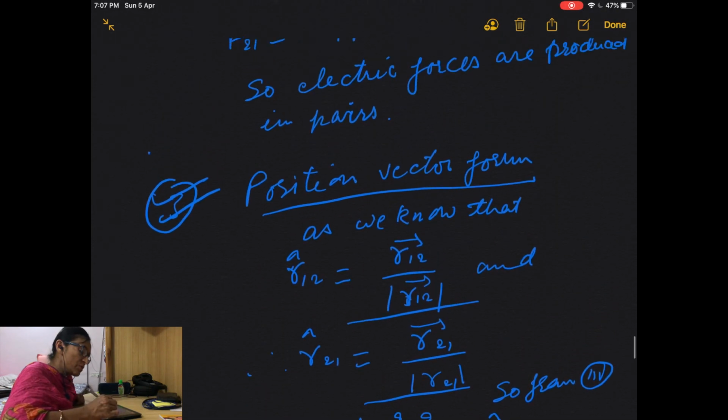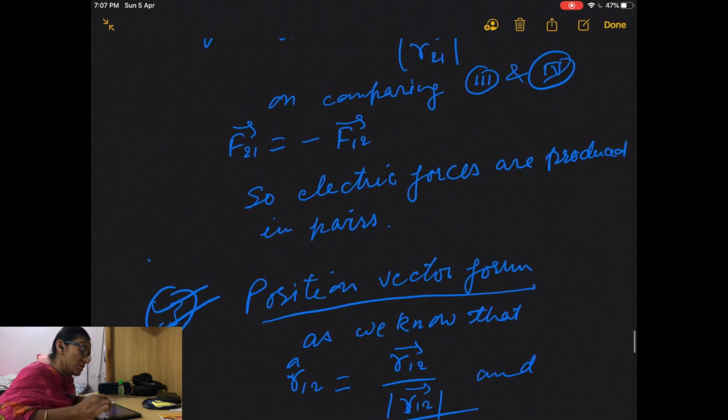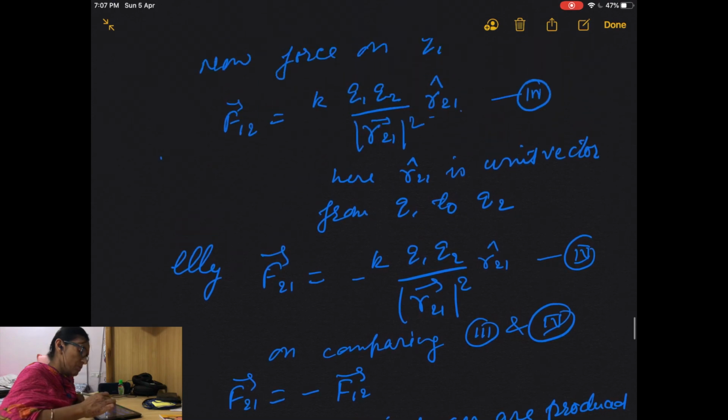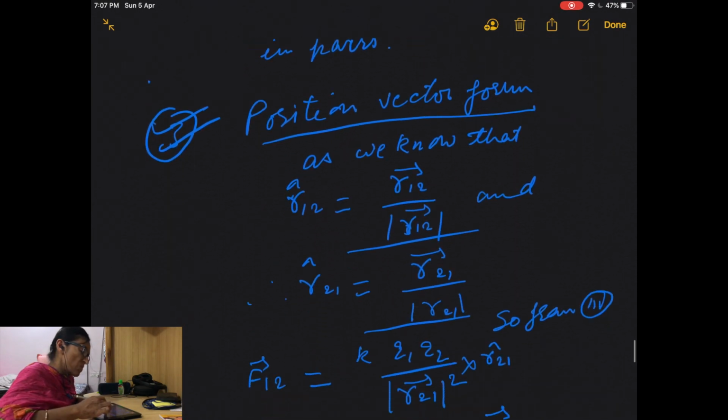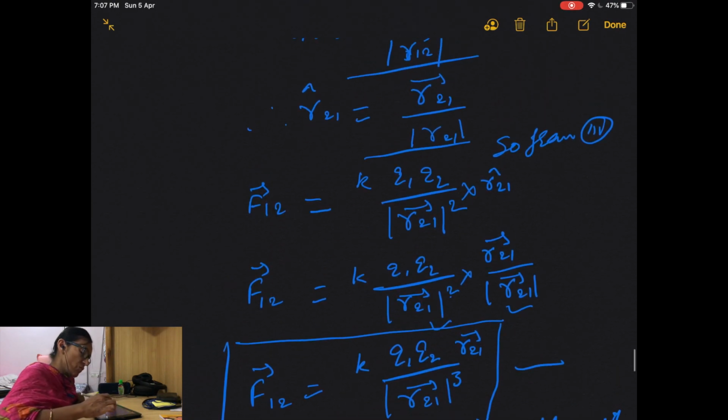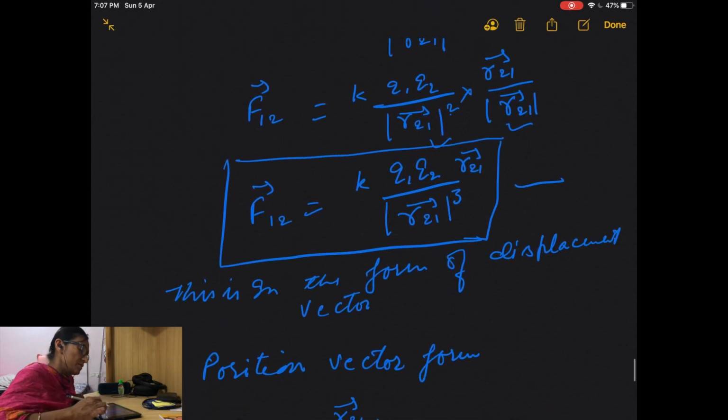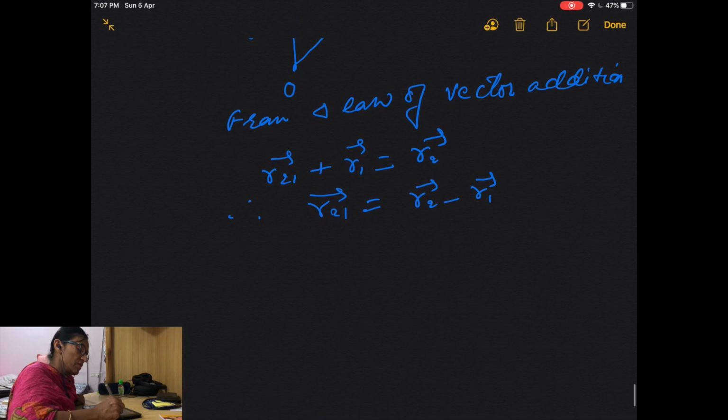Now let us put this value in the equation. Let me give it a name, this is equation 5.